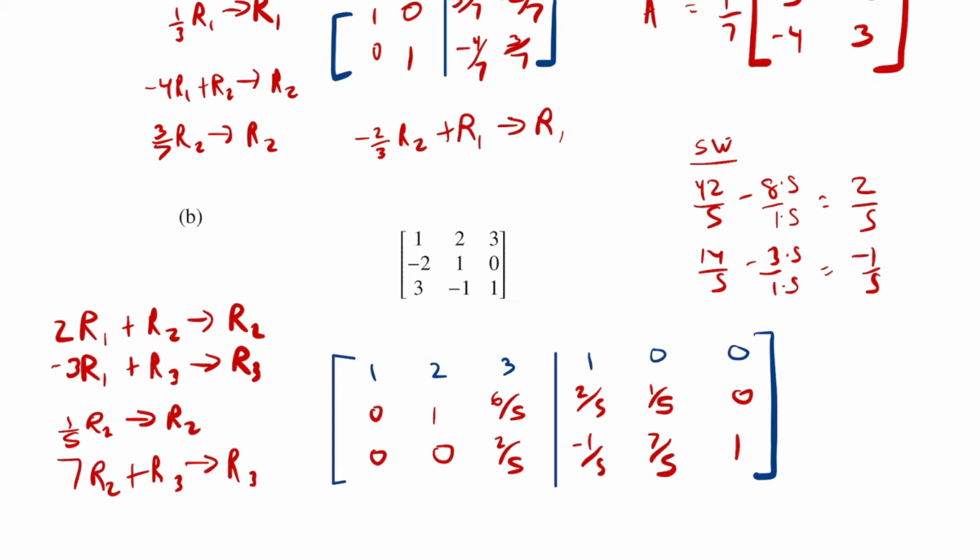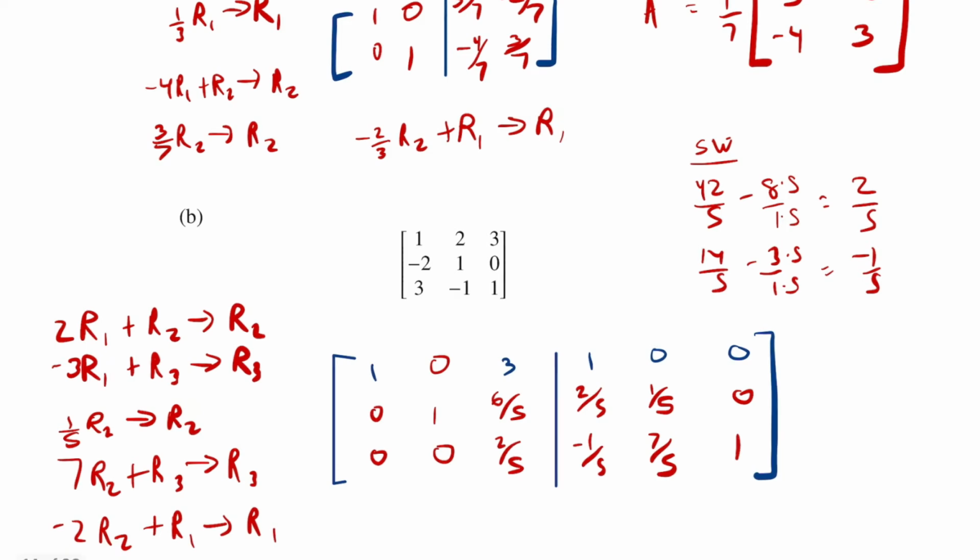All right, our next step is to make this a 0. So now we have to multiply row 2 by -2 and add that to row 1. And that becomes a new row 1. So this becomes 0. All right, the next one will be 6/5. That's going to be scratch work over here now.